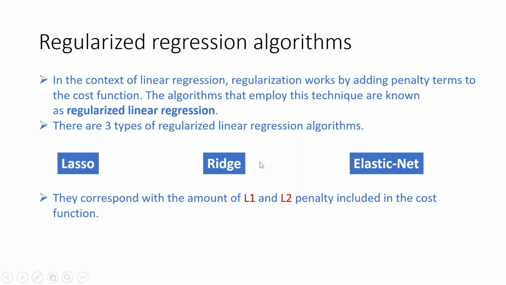Ridge uses squared slopes, so you will reduce the effect of some features, but you will never remove them. Elastic net is a balance between lasso and ridge, so it can act as both. With the L1 L2 ratio, you can choose how much L1 effect and how much L2 effect you want.